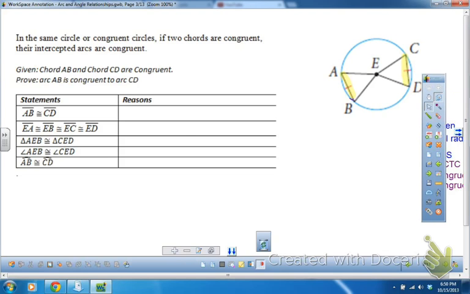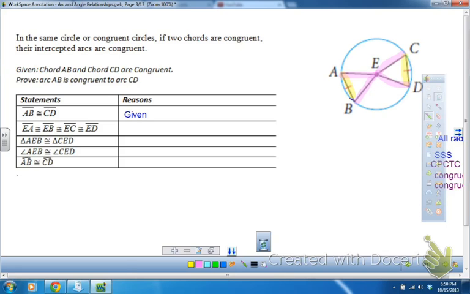Now, the first statement they gave there, the reason is just given. That was what they started with. They said, okay, if you're given two chords that are congruent, then we're going to follow the process to prove that the arcs are congruent. So this next line shows that EA is congruent to EB, EC, and ED.